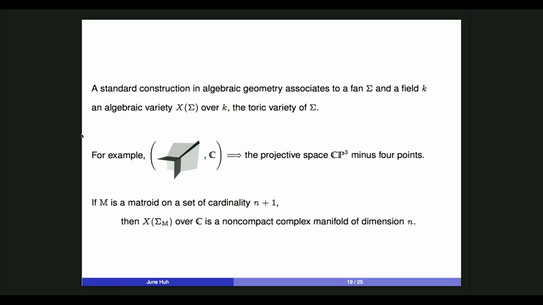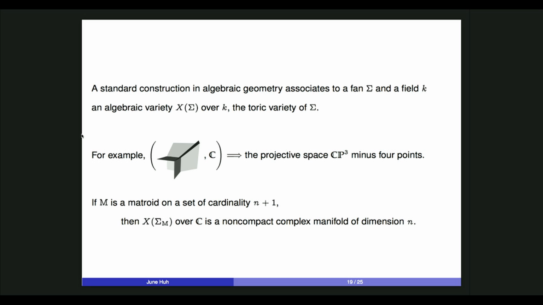But you can do this to any fan, and in particular to the tropical linear spaces constructed out of a matroid. So if M is a matroid on the ground set E of cardinality n plus 1, then you can construct this fan, let's say sigma M, and together with the choice of any field, whether your M is realizable over that field or not, you can always construct this toric variety X of sigma M, say over the complex numbers.